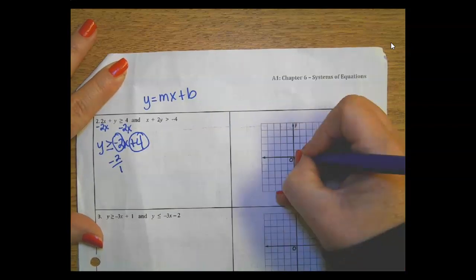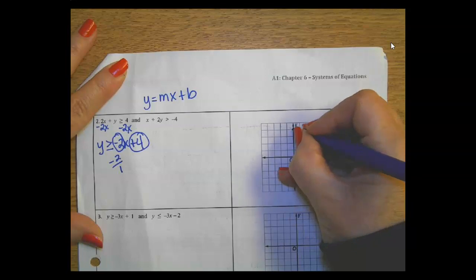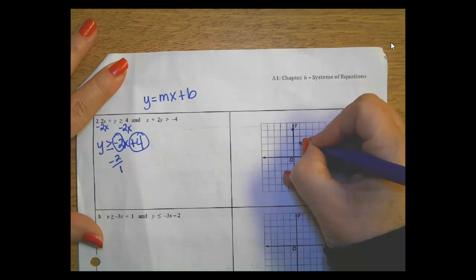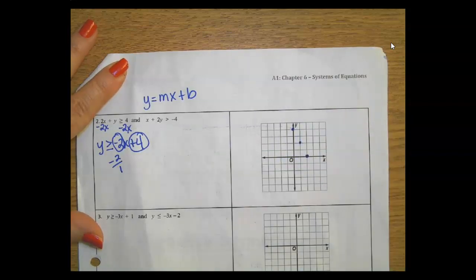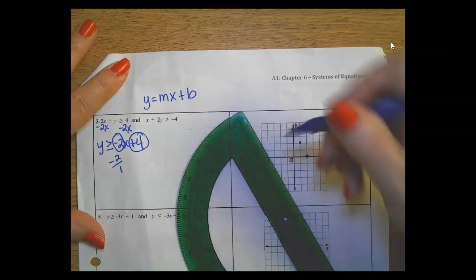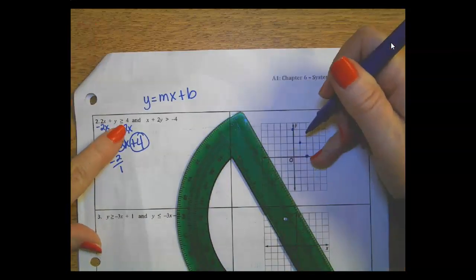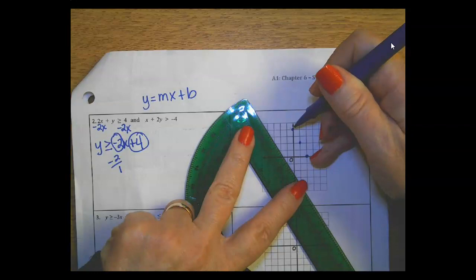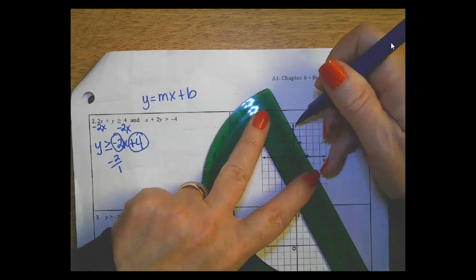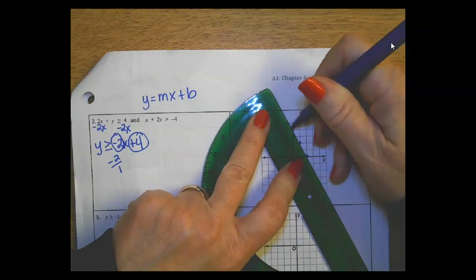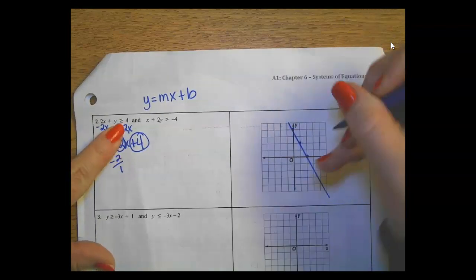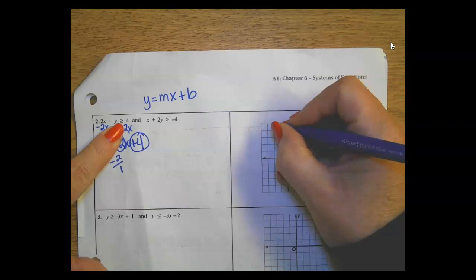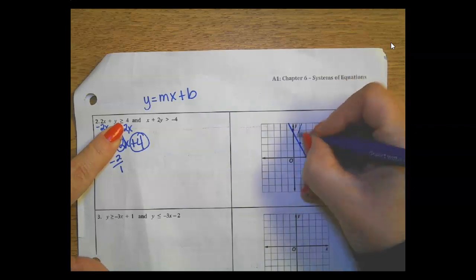I'm going to start at 4, and go downwards 2, positive 1, downwards 2, positive 1. Get that straight edge. It's a solid line because of the greater than or equal to. And then it says greater than. So where's my sunshine? Up. Which side is up? This side.